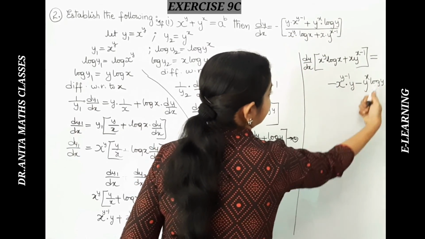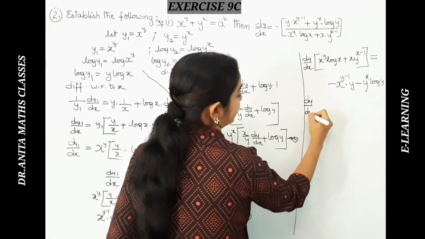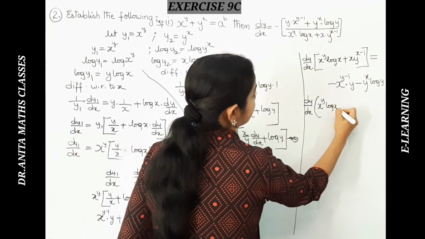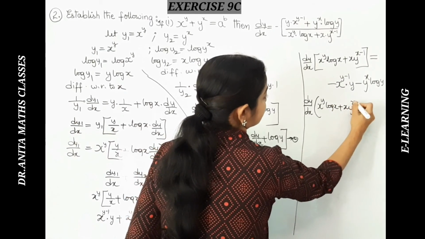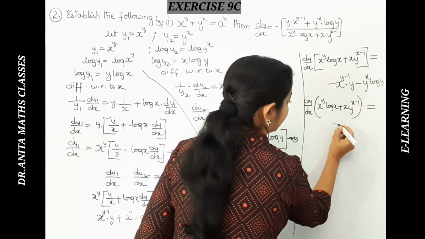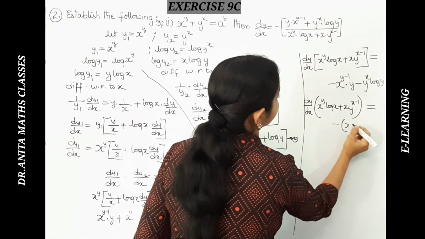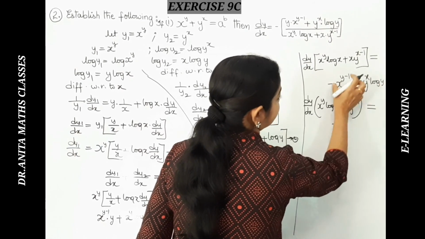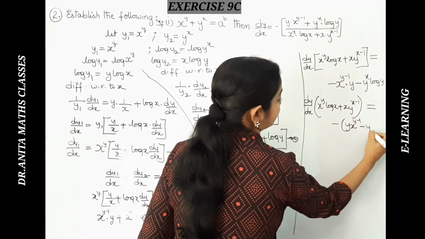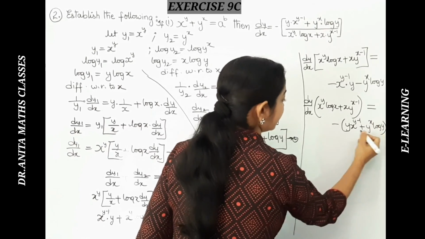So if you take minus common, you'll get it. Okay, so dy upon dx is multiplied by x raised to the power of y log x plus x y raised to the power of x minus 1, this is the bracket, equals to, I'll take negative sign common, so this becomes, let me interchange here, y x raised to the power of y minus 1 plus y raised to the power of x log y, because I have taken negative sign outside.